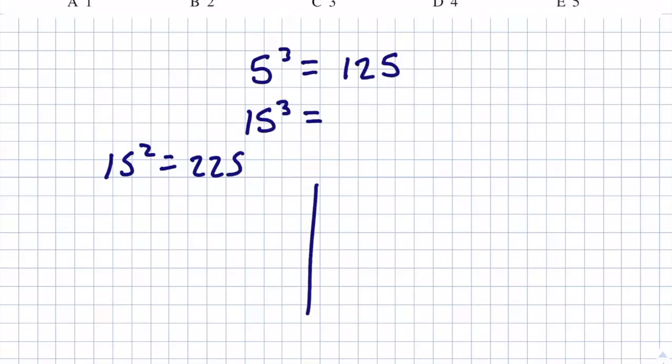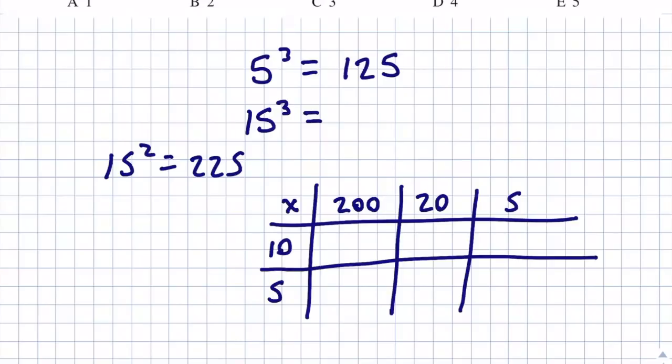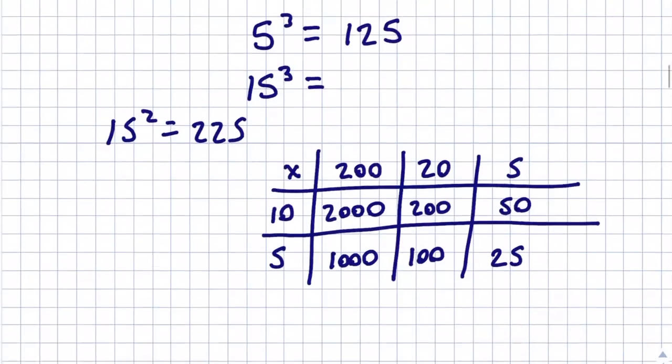So I'm going to work that out using a grid table. So that's going to be 200, it's going to be 20, it's going to be 5, and we can have 10 and 5 down here. We can have 200 times 10, which is 2,000. 20 times 10, which is 200, 10 times 5, which is 50, 200 times 5, which is 1,000, 20 times 5, which is 100, and 5 times 5, which is 25.